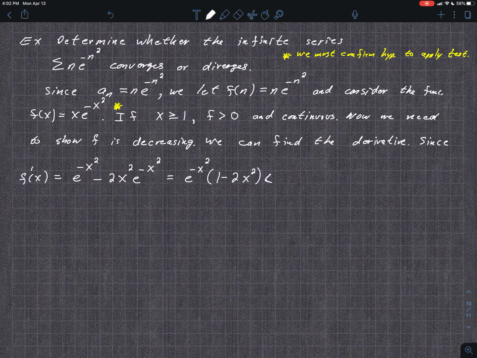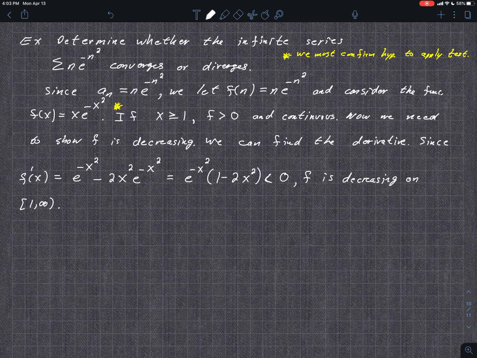So that is always less than 0, which is what we want to show. So since f prime is less than 0, f is decreasing on the closed interval from 1 approaching infinity, which is exactly the hypothesis that you need to show. You need to say f is positive, continuous, and decreasing on 1 to infinity.